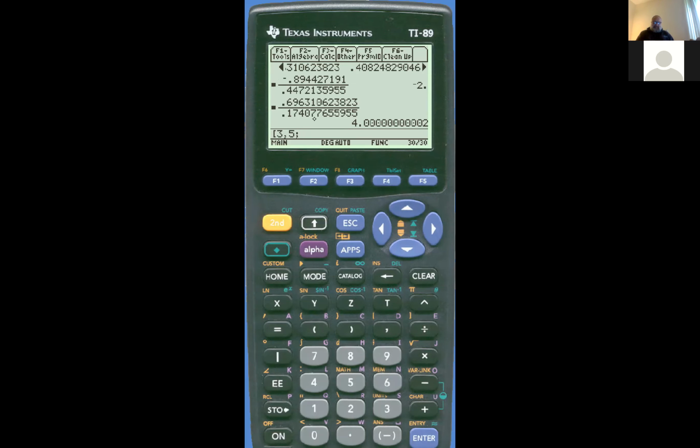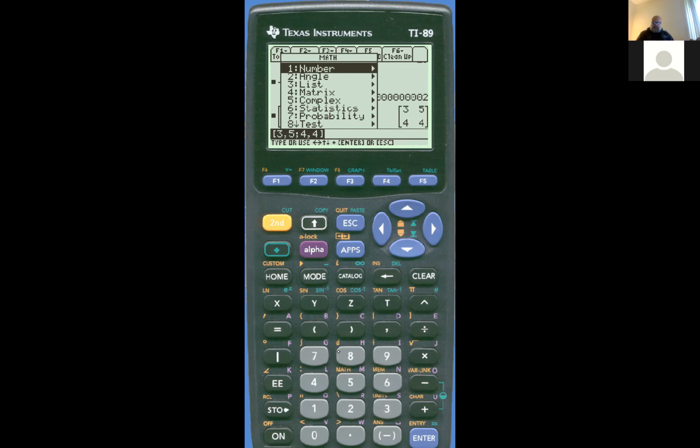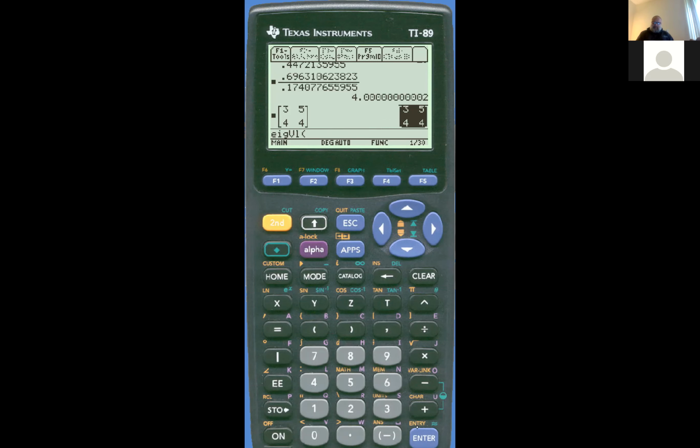It's a little more of a pain in the butt. I stumbled into this a few years ago. Someone mentioned it to me offhandedly. I think they read the manual. I never read the manual. I'm like, oh, how about that? There you go. There's our 2x2 matrix. So second 5 is math, and then number 4 is matrix. Number 9 is eigenvalues, and like so.